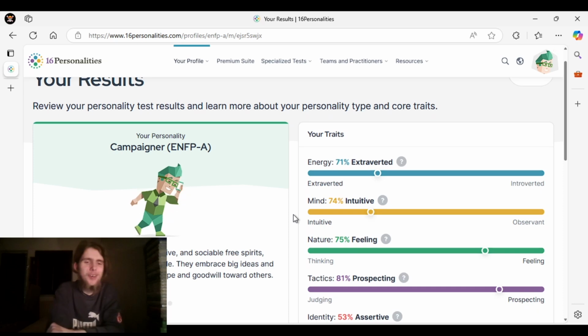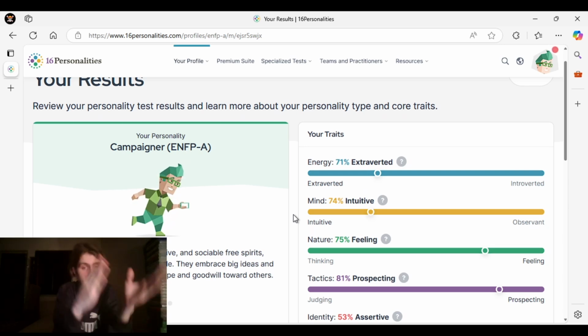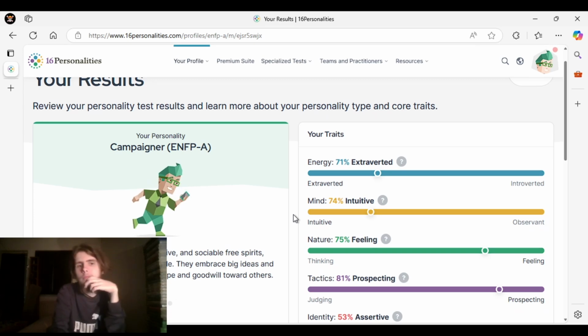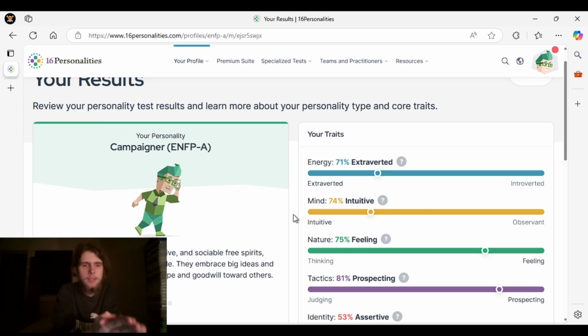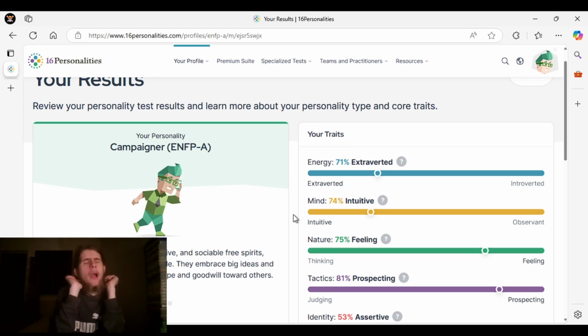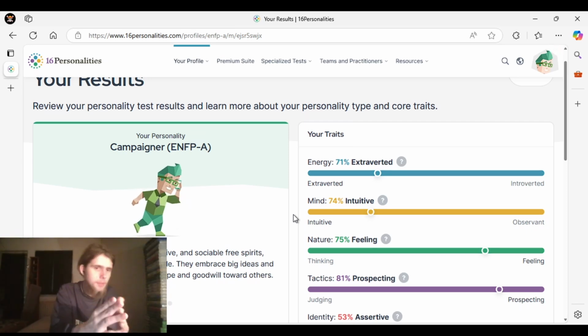So basically it's nearly impossible to find someone who has the exact same personality within that personality type.